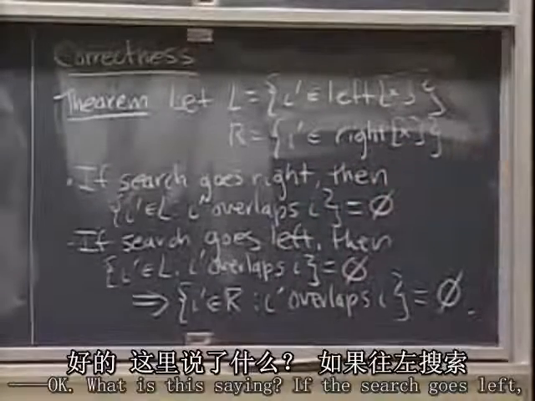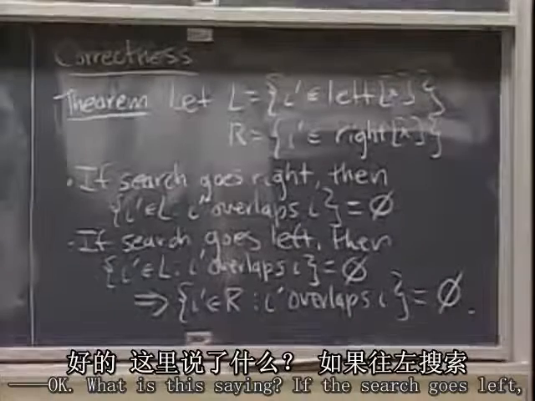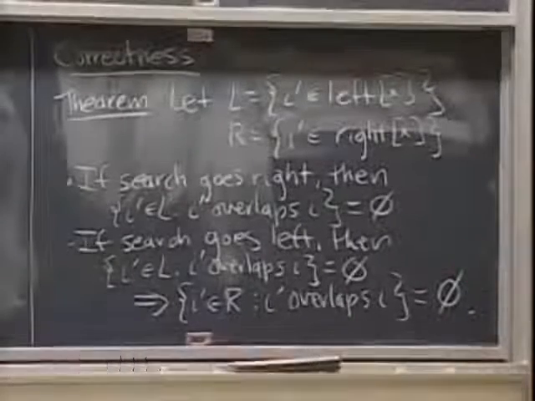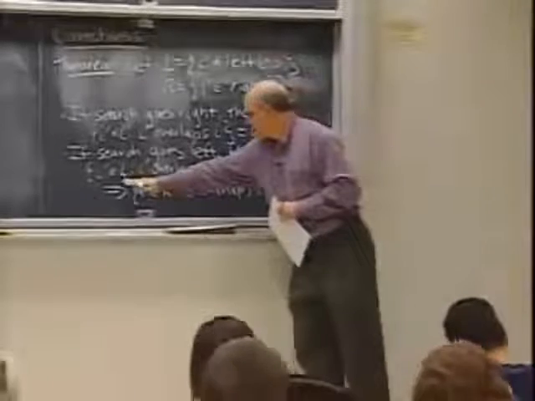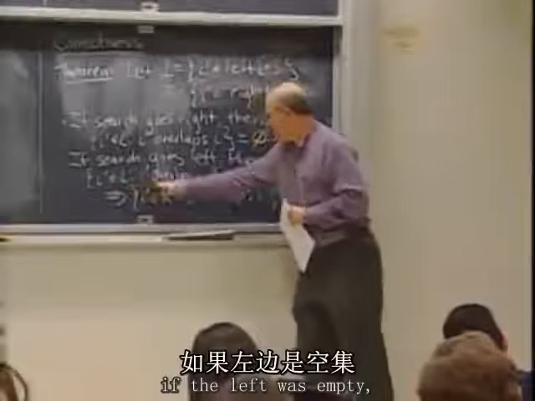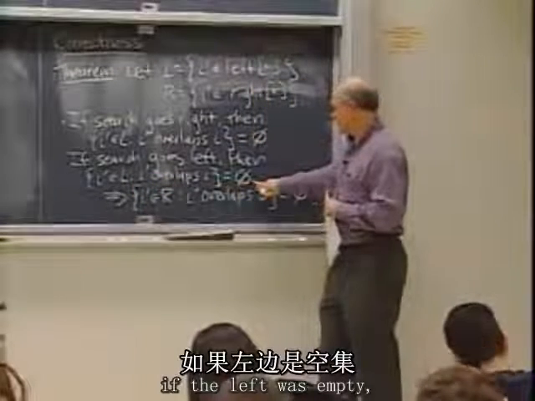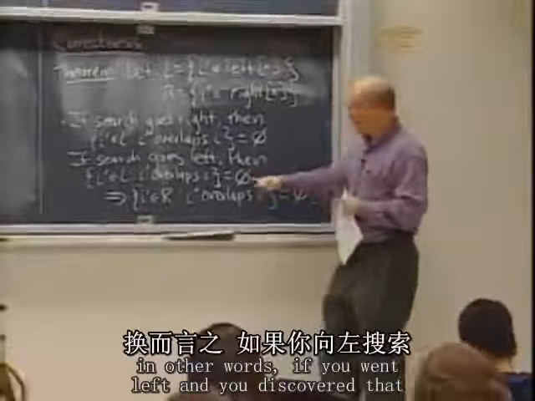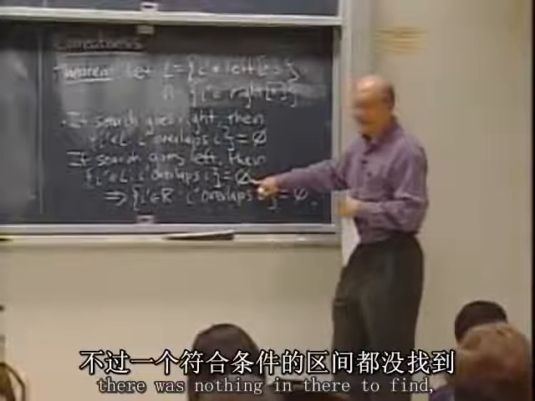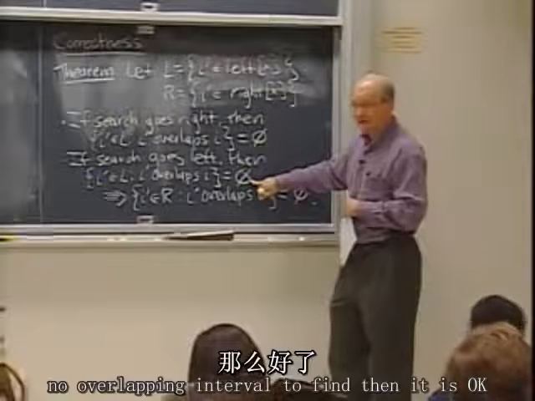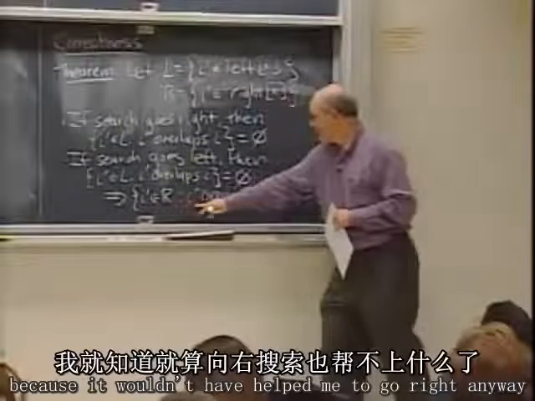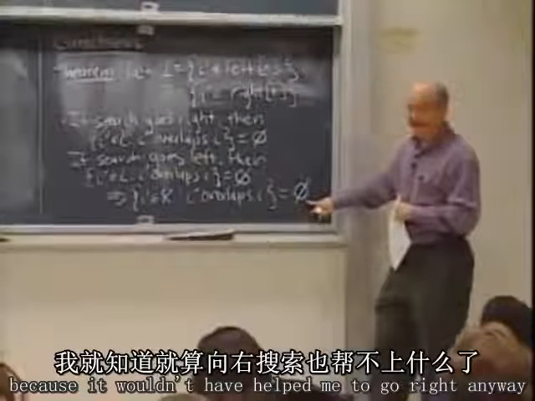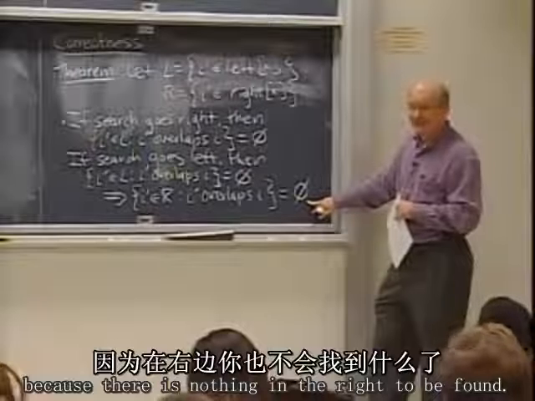So what is this saying? If the search goes left, and the left was empty, in other words, if you went left and discovered that there was no overlapping interval to find, then it's okay, because it wouldn't have helped to go right anyway, since there's nothing in the right to be found.